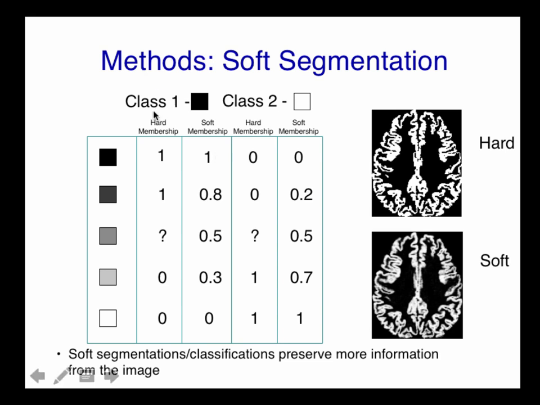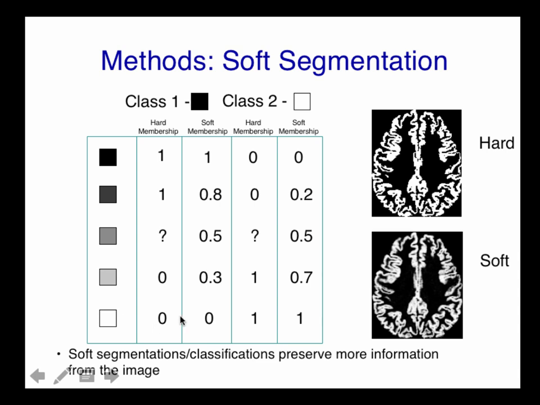So in here we have this example. We just have one class, whose prototype intensity is very dark, and one class that has a prototype that's very bright. And if we have observations shown here, it's pretty easy when the observation is dark to say, okay, this should belong in class 1.